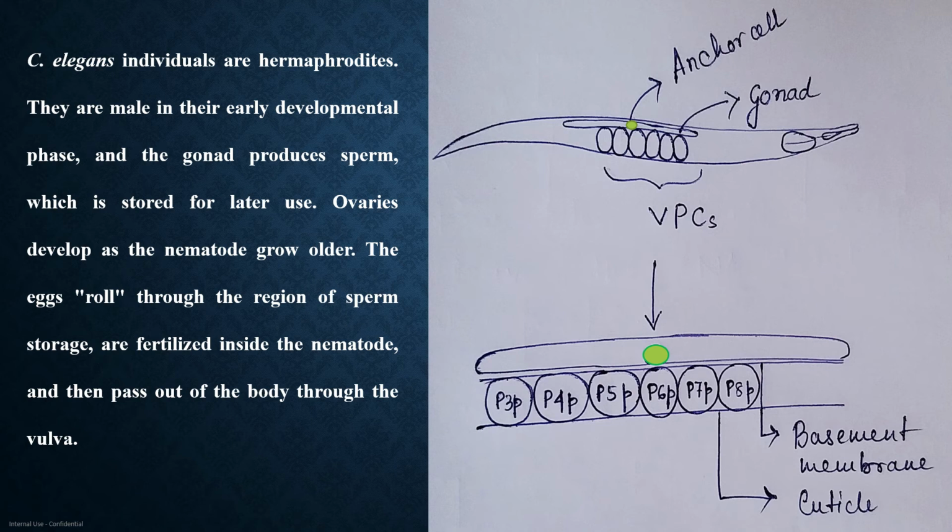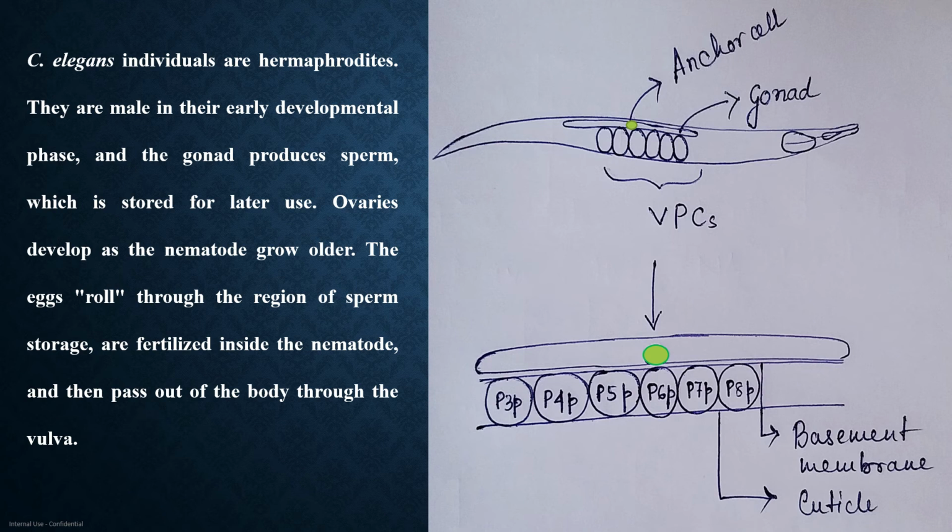The eggs roll through the region of sperm storage, are fertilized inside the nematode, and then pass out of the body through the vulva. So, the vulva is an organ of primary importance. Here we will explore how it develops in the body of the nematode.